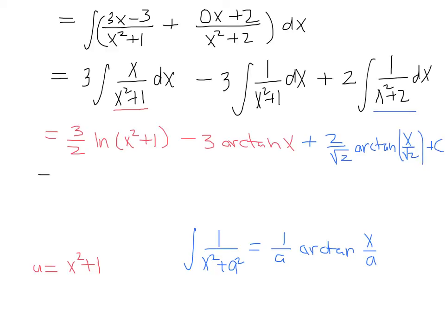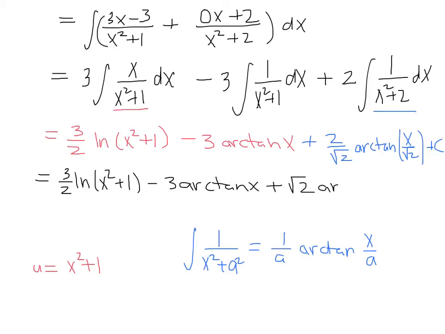So that will be 3/2 ln x squared plus 1 minus 3 arctan x. Now 2 over root 2, if you rationalize, you actually just get root 2 arctan x over root 2 plus c.